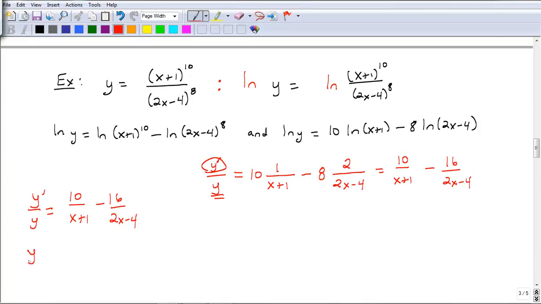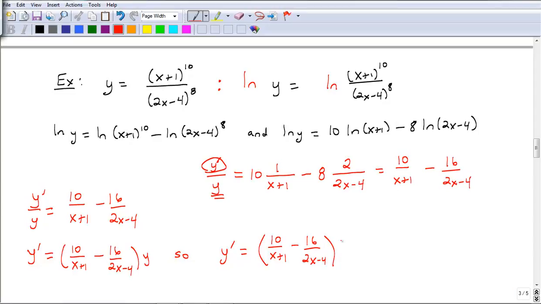I multiply both sides by y, and I get y prime is 10 over x plus 1 minus 16 over 2x minus 4, times y. But I know what y is. y was what I started with. So my final answer is y prime equals the stuff in parentheses, 10 over x plus 1 minus 16 over 2x minus 4, times y. And y is (x plus 1) to the 10th over (2x minus 4) to the 8th.